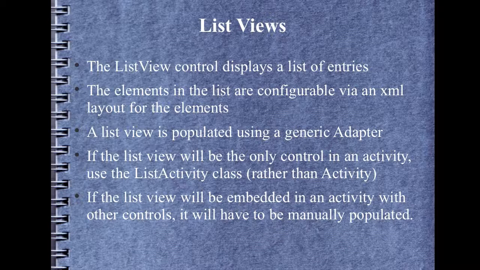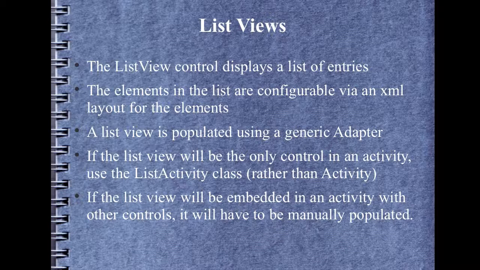If the only control in your main activity, or in some other activity of your application, is going to be a list view, use the list activity class for that activity rather than activity. What this does for you is it relieves you of the obligation to create a layout XML for the activity, and you can concentrate on creating only the layout XML for each item in the list.